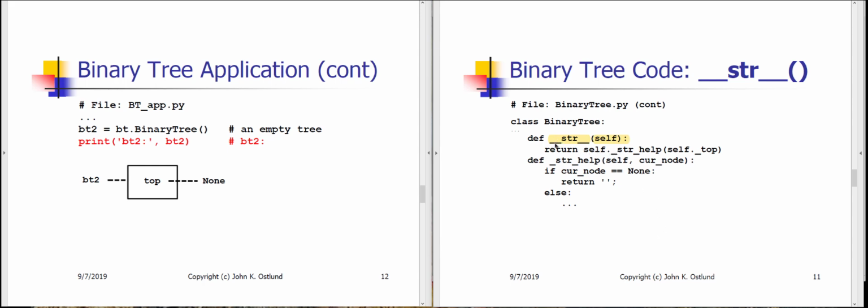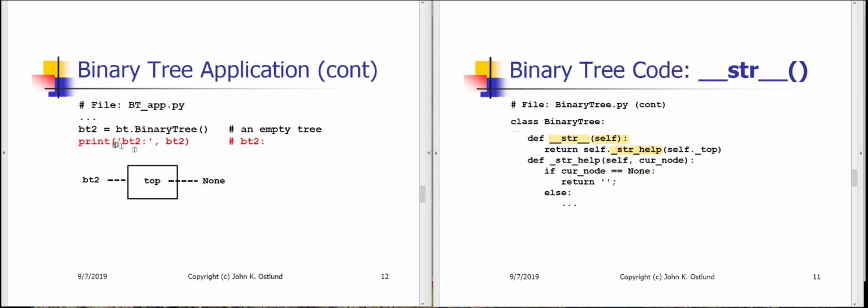So what we'll do in our __str__ function is to call this recursive help function that will return to us a string representation of the values within the binary tree. Okay, so we're passing in self._top to the str help function.